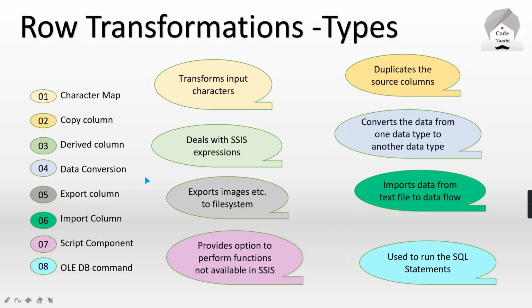We will move on to the next transformation, import column. It is the vice versa of the export column transformation. Here we exported image content from the SQL server to the file system. Here we are going to import from the file system to the SQL server.